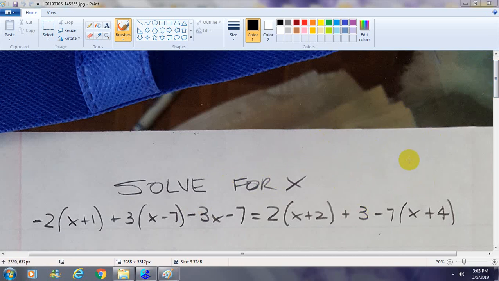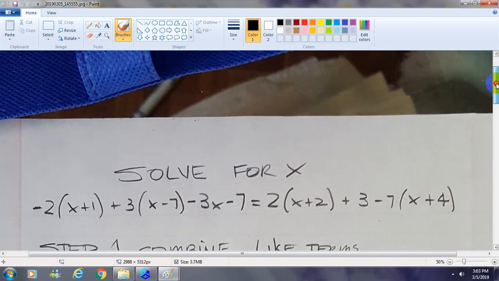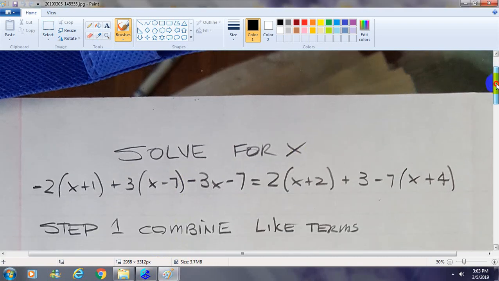This will use the skills of combining like terms and of course solving for x. So we can kill two birds with one stone here and also go over combining like terms and also distributing numbers.